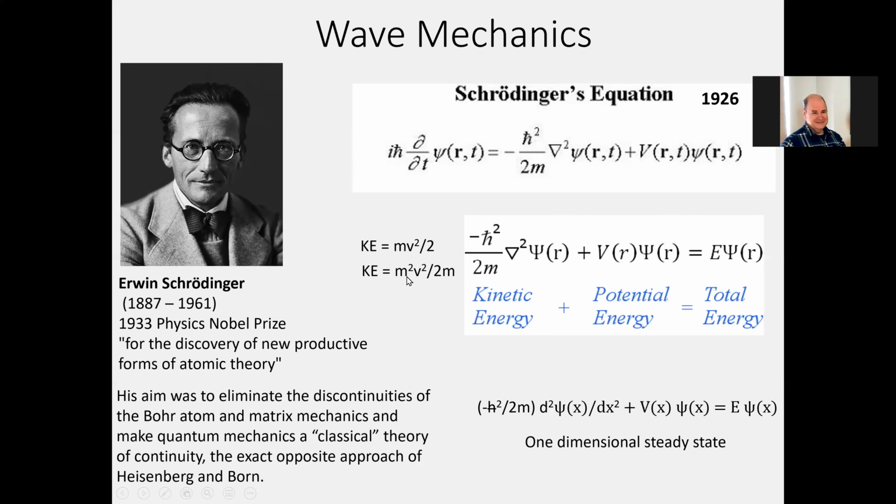Notice that this here is the momentum squared. Okay, momentum is mv, so this is the momentum squared. So I can write the kinetic energy as the momentum squared over 2m, which you will see very often in both quantum theory and in special relativity. It's a very useful connection between kinetic energy and momentum.